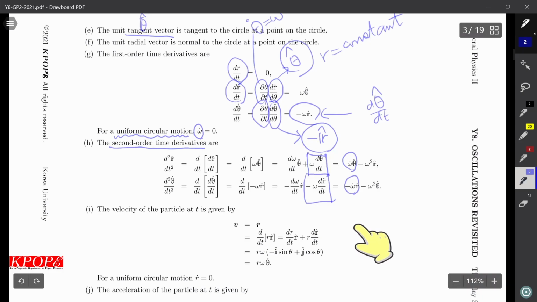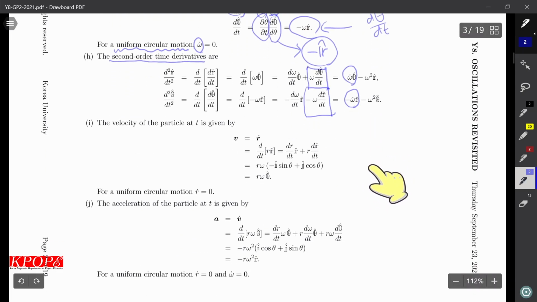In both cases, whether it is a radial vector or tangent vector, the second order time derivative of itself is the same except that there is an overall factor minus omega squared. Alright.